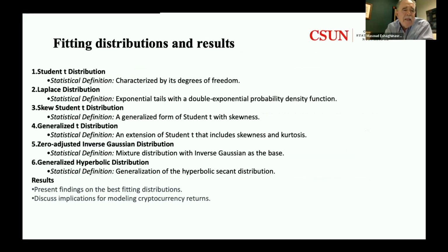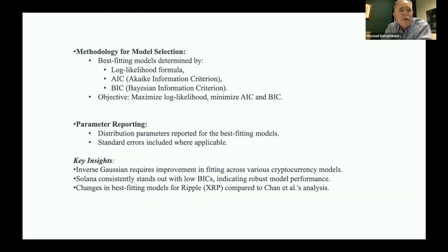And here are the names of the distributions: Student t distribution, Laplace distribution, skewed t distribution, generalized t distribution, normal inverse Gaussian distribution, and generalized hyperbolic distribution, which are different distributions. And what methodology do I use in my article?